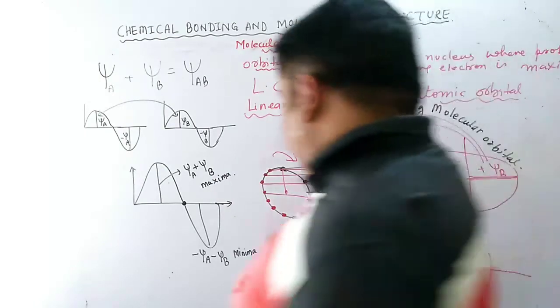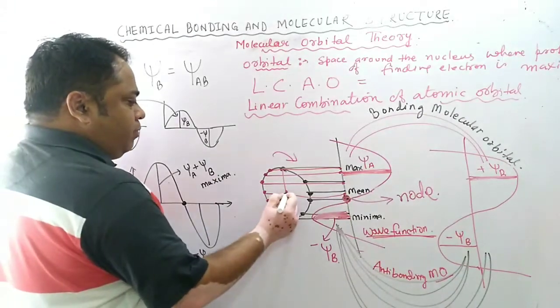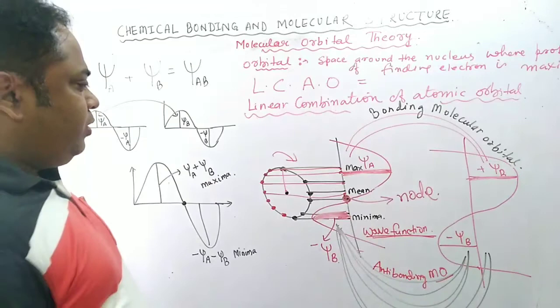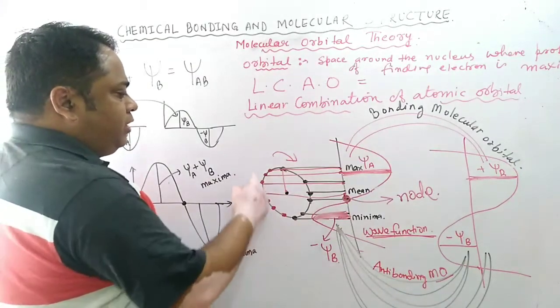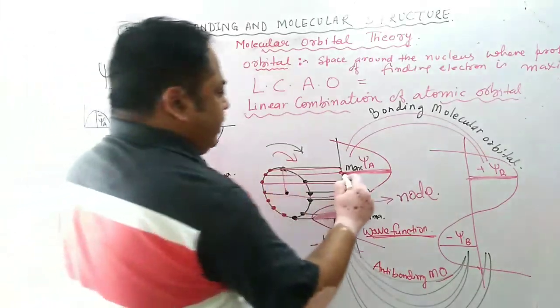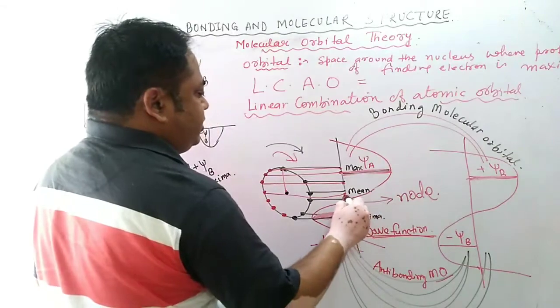Initially, students of class 11th will not be able to understand the Schrodinger wave equation directly. We may ask them to mug up, that is not good. So here we can make one analogy: when the electron is moving in a circular path, at that time the maxima is this and the minima is this, and in between maxima and minima, this is the mean.